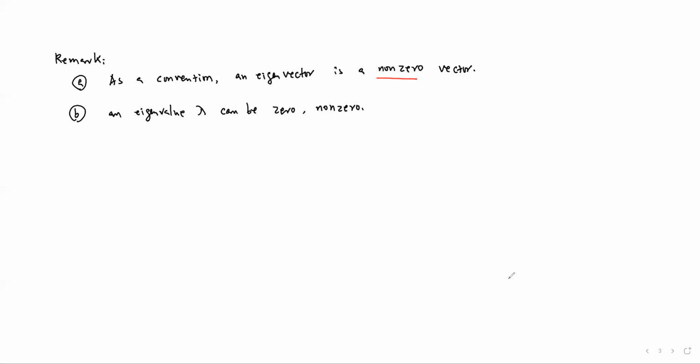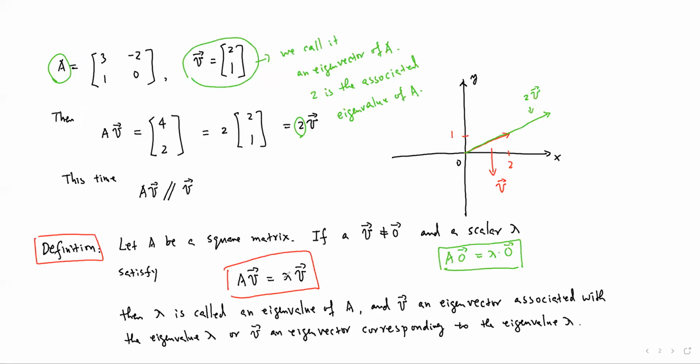Why can an eigenvalue be zero? Because when lambda is zero, A times a vector is zero times a vector. Then zero times a vector is the zero vector, right?